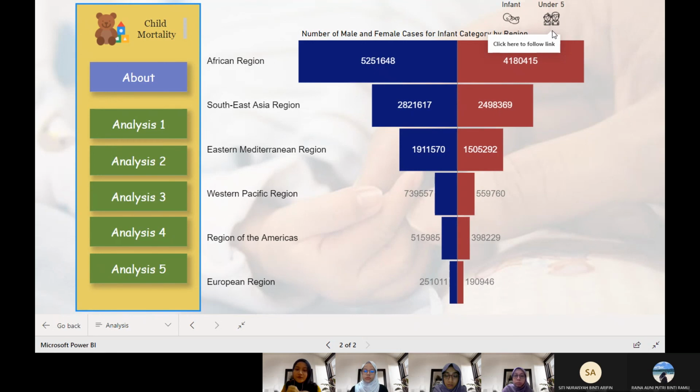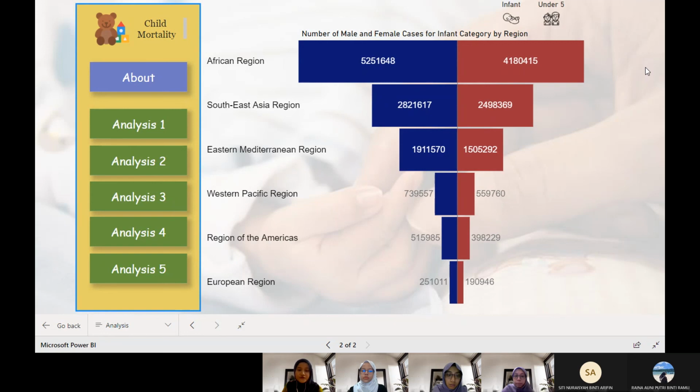Then we will mainly focus on the region that has the most cases. In this data, a total of 6 regions were applied. According to the basic visualization design statement, the dark blue color will represent the male attribute and the dark red color will represent the female attribute.